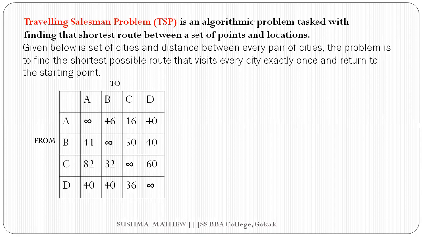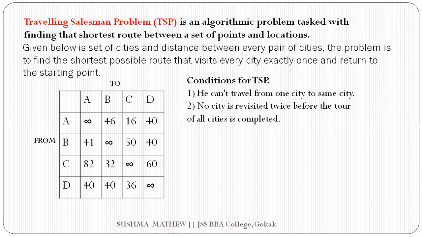Here it is also in the form of a square matrix, but it is given as from cities and to cities. There will be a set of 4 different cities. Our job lies in identifying those 4 cities, making the shortest route possible, so that no city is covered twice.